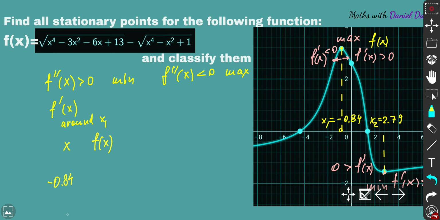You calculate the value exactly at this point, and it will be 3.162, okay? So as we already proved, this is the maximum. But what if you didn't know? What you can do is take a little step below.